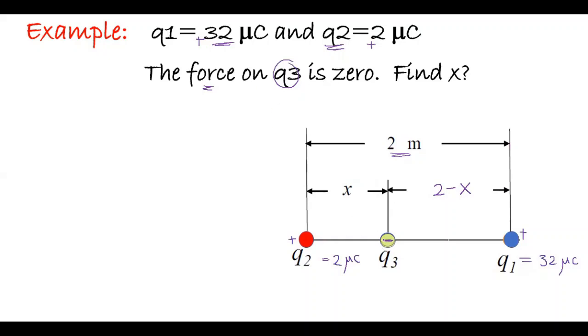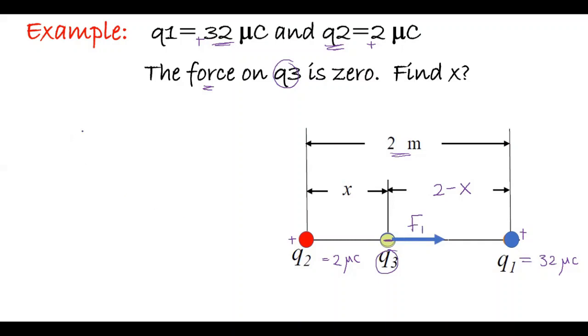We know that the force on Q3 is the force due to the two charges beside it. One force due to Q1 and the second due to Q2. The force due to Q1 will be an attractive force, so I am going to draw the force from Q3. It will be attracted to this blue charge, and this is the force F1.